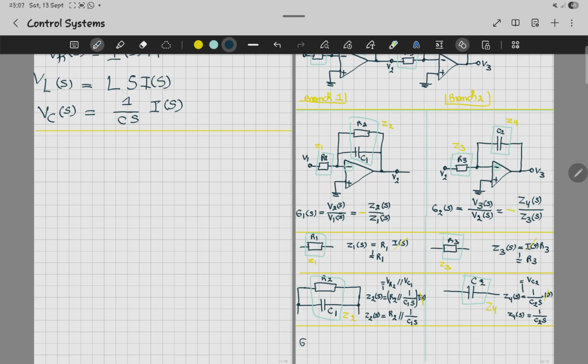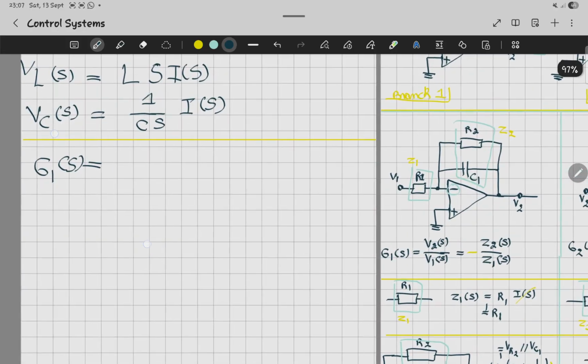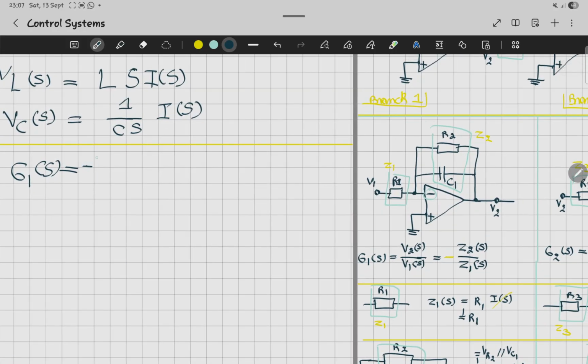J1(S) will be equal to the equation there: negative Z2(S) over Z1(S), which is negative Z2(S) times 1 over Z1(S). Okay, so what do you do after this?